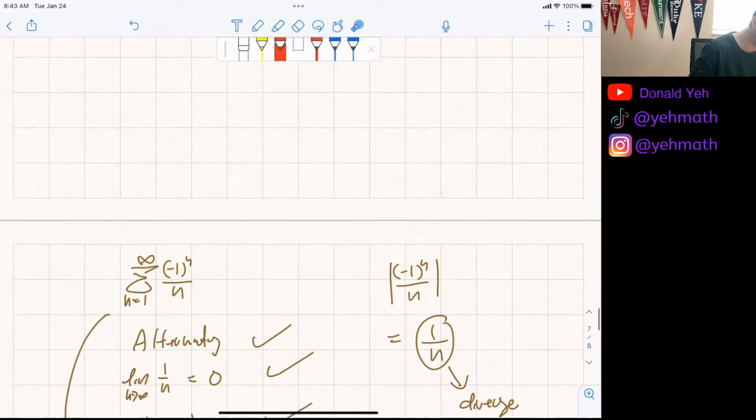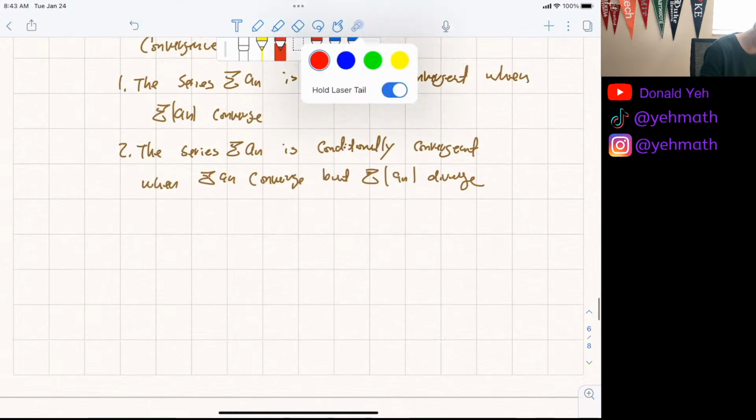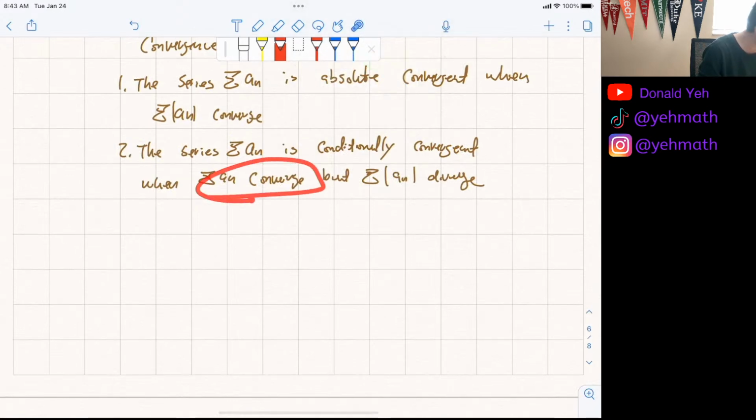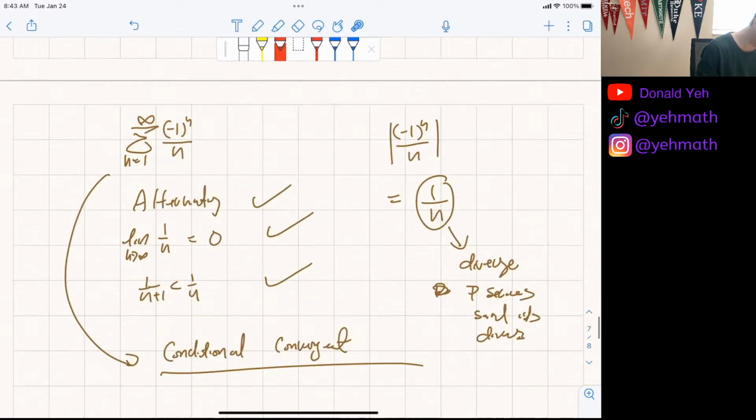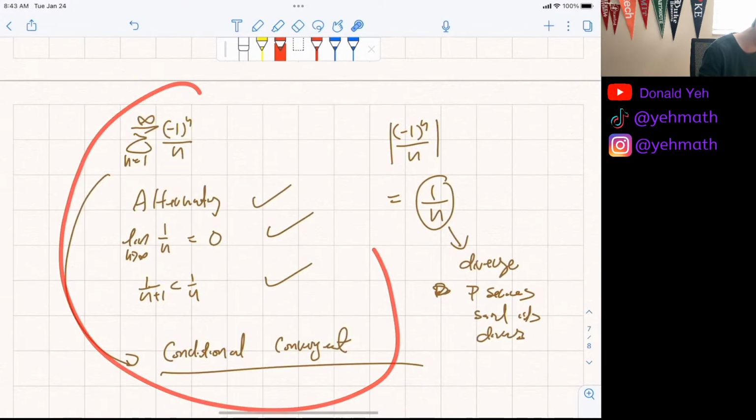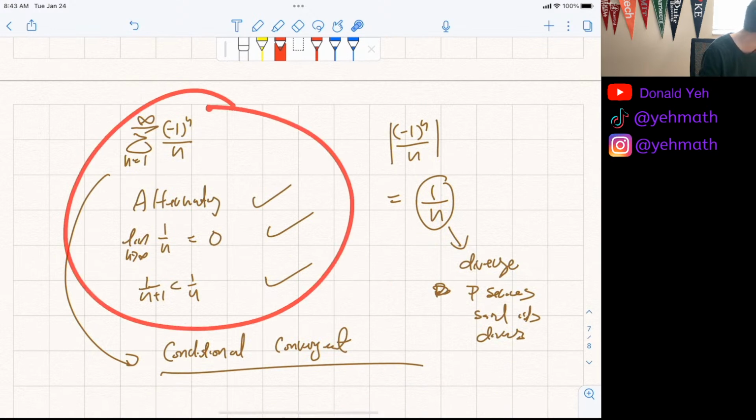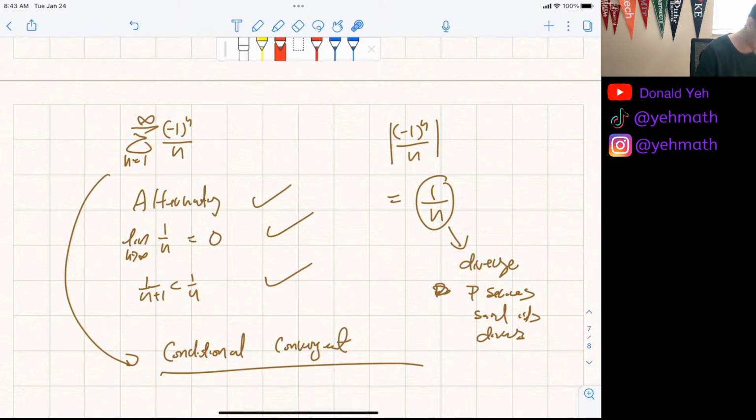So according to the first statement, a_n converges, right? Does a_n converge due to the alternating series test? This converges. But if I take the absolute value, this is equal to the absolute value of a_n, which ends up divergent because it's harmonic. So therefore, this is called conditional convergence.